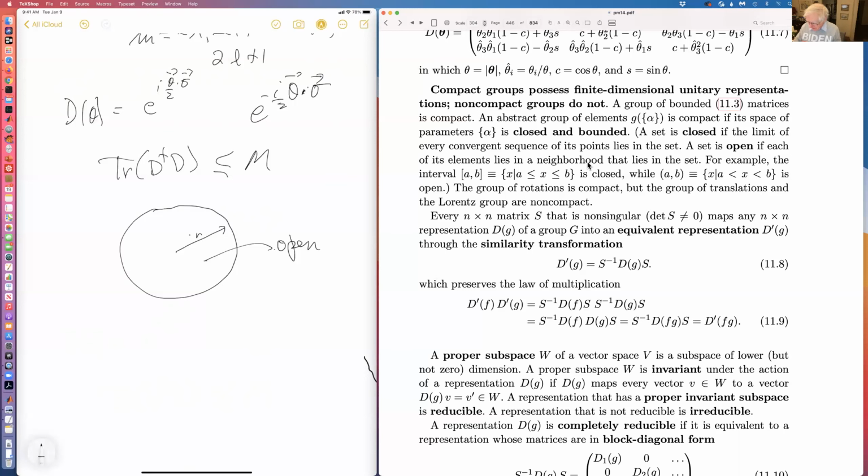So if you have an open set and a point here, you can find a little sphere around it that's still in the set. Whereas if you have a closed set, you include the boundary, and if you try to include the boundary in an open set, a neighborhood, you've got points that are outside the set. Anyway, the group of rotations is compact, but the group of translations and the Lorentz group are non-compact.